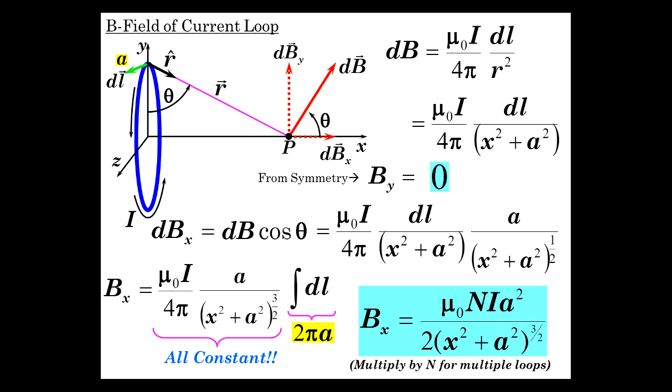So there's the B field produced by a loop of current in the x direction, and obviously it's proportional to the number of turns, the current, and the radius squared, but then of course it's inversely related to x squared plus a squared to the 3 halves power, so that's not immediately obvious what that looks like. In any case, there it is, and now let's look at how that would graph.